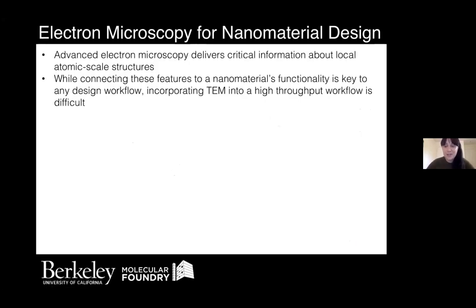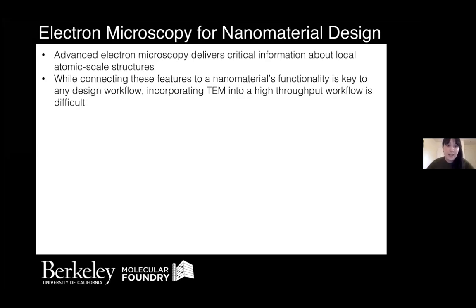So I'm an electron microscopist by trade. And so if you ask me how to solve your research problem, I will tell you that electron microscopy can give you all the information that you need. And it's very true that advanced and modern electron microscopy these days can really give you incredibly detailed and rich information about materials, particularly nanomaterials, which is what we primarily study in my research group.